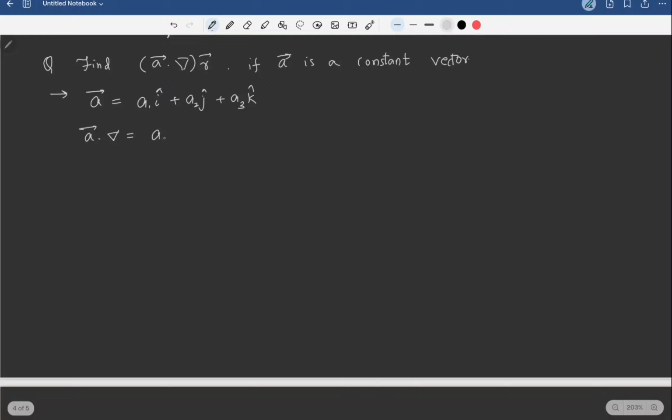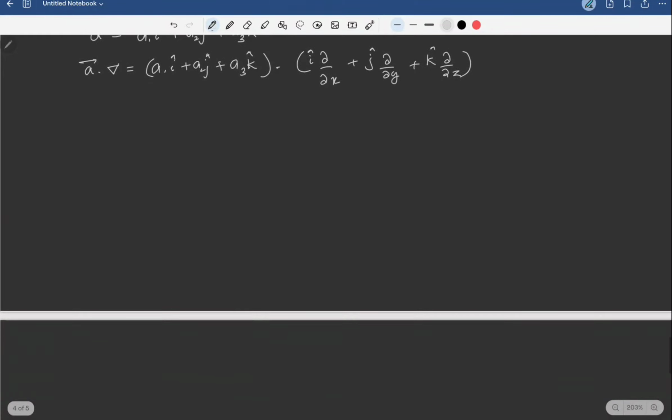We get a1 i cap plus a2 j cap plus a3 k cap dot, now writing this del term i cap into del by del x plus j cap into del by del y plus k cap into del by del z.